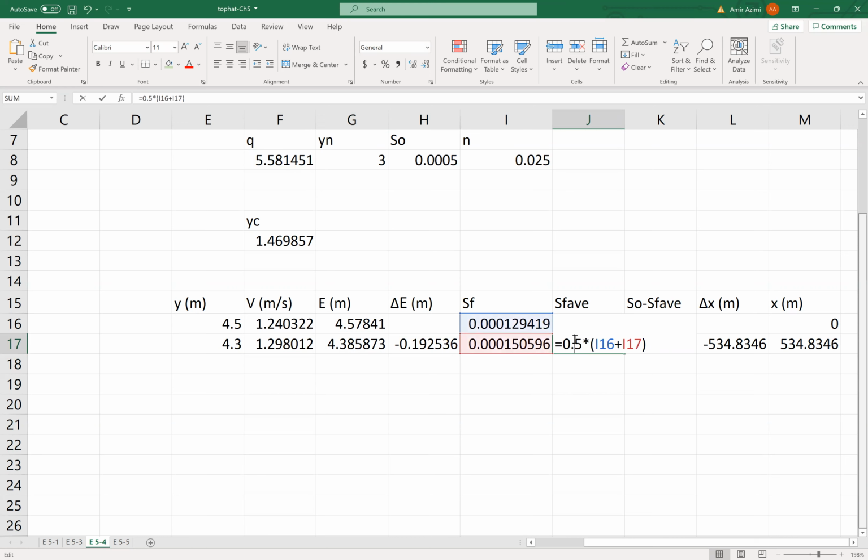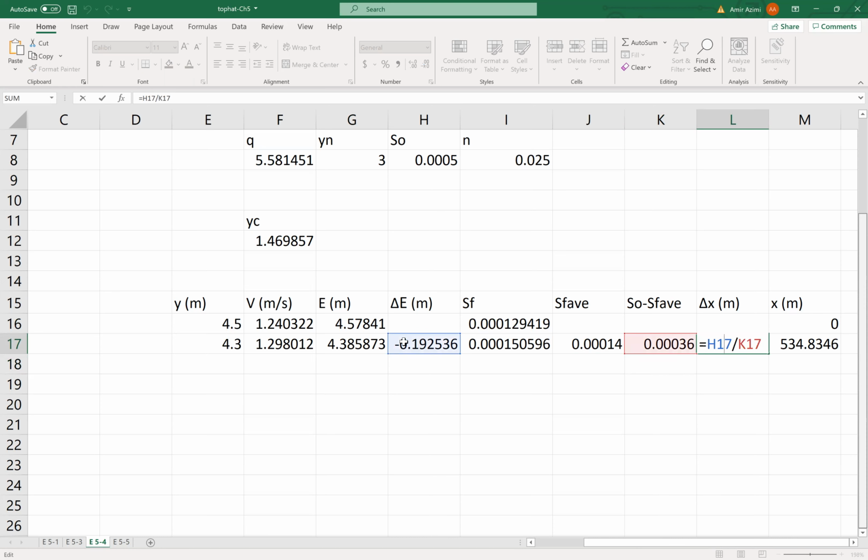And then we calculate the average slope. So the difference between the physical slope, which is 0.0005, minus the average frictional slope, and delta x is delta E divided by S0 minus SF average. And x is basically the previous distance minus the distance we have.